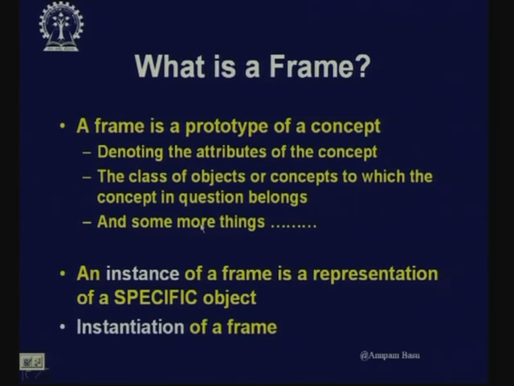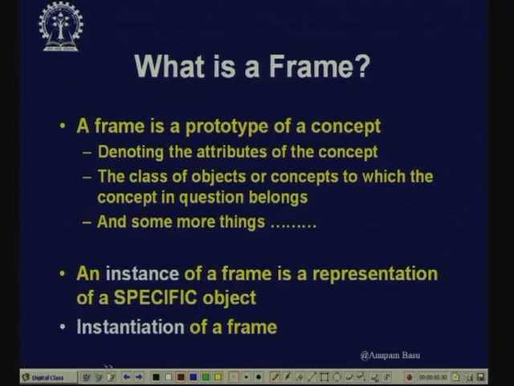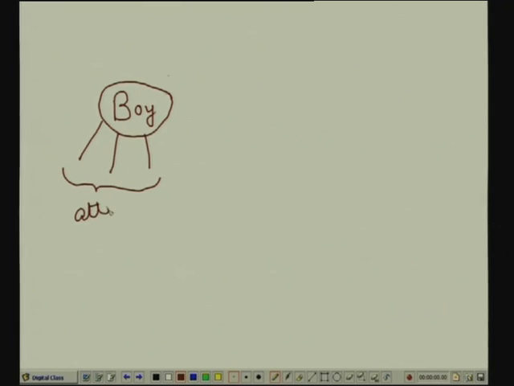Say, I again take the concept bird, or say I take the concept, all right, say the boy. Now, boy is a concept. It has got a number of attributes, which we have already given some examples of. Now, besides this, suppose there is a class called human beings.